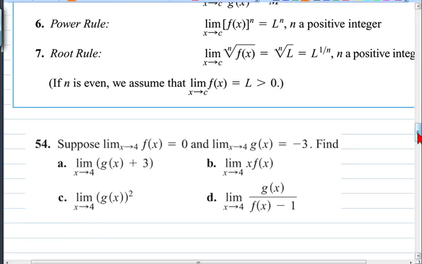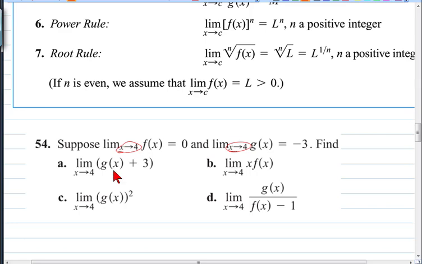So here's some problems. Number 54. Notice right here, x is approaching the same thing. So we're told that the limit as x approaches 4 of f of x is 0, and the limit as x approaches 4 of g of x is negative 3. We want to find the following limits.